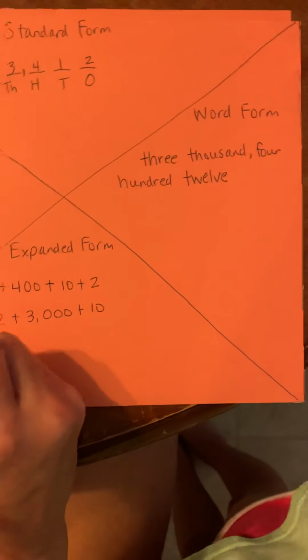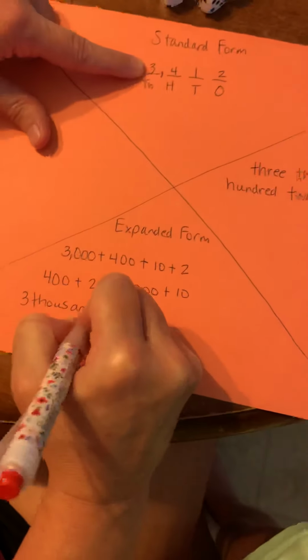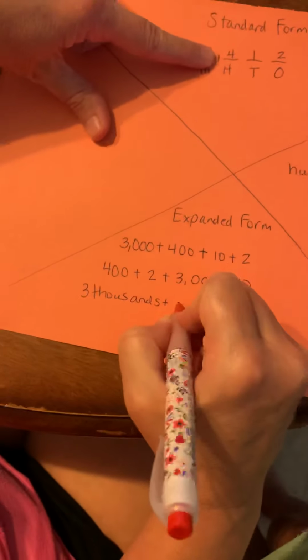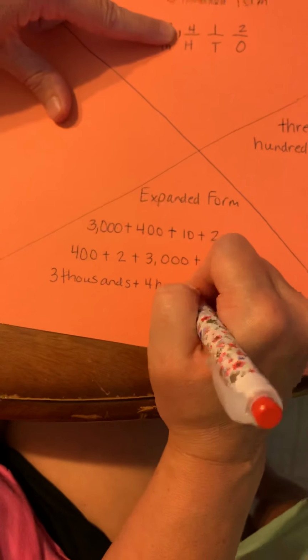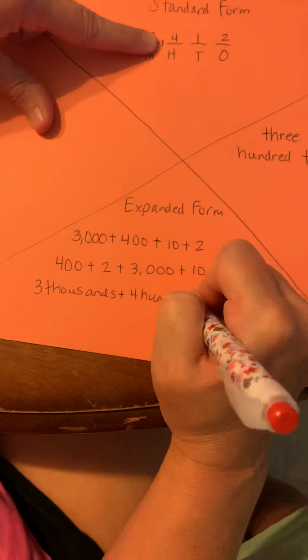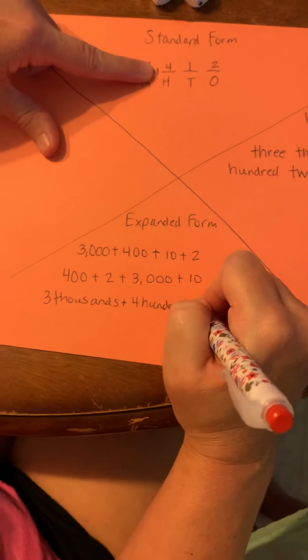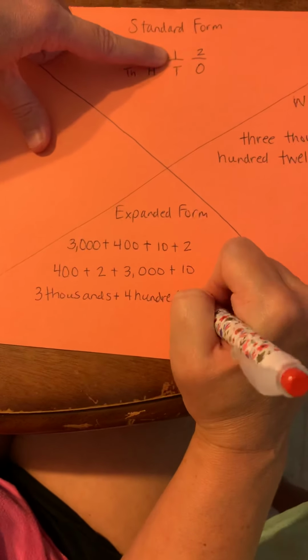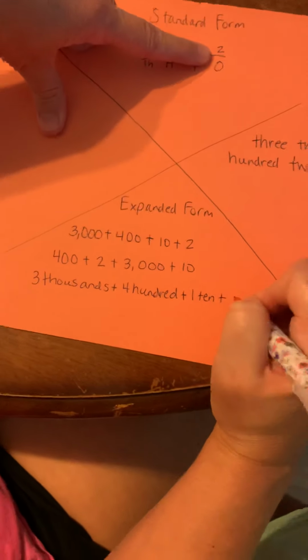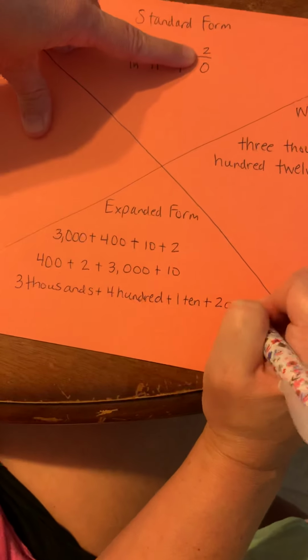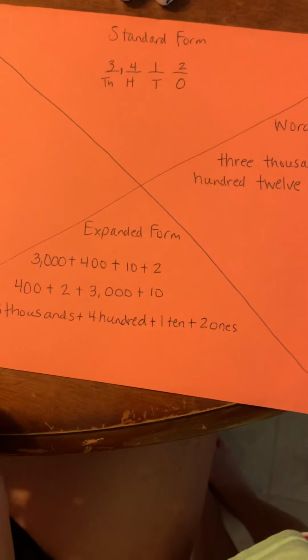I could say I have the number 3, the word thousands, plus the number 4, the word hundreds, plus the number 1, the word ten, plus the number 2, and the word ones.